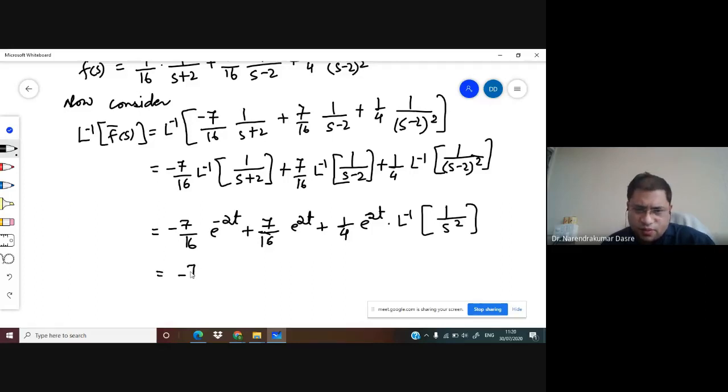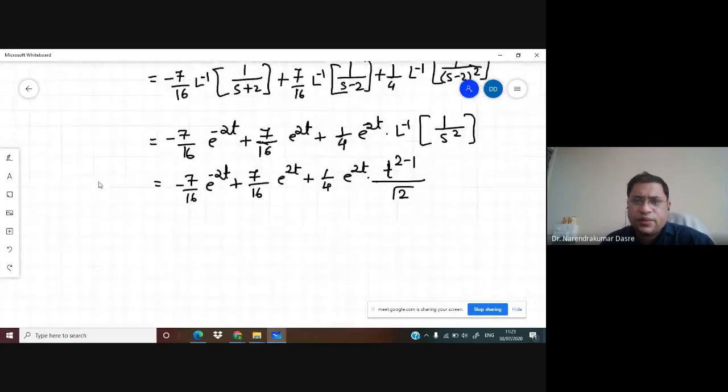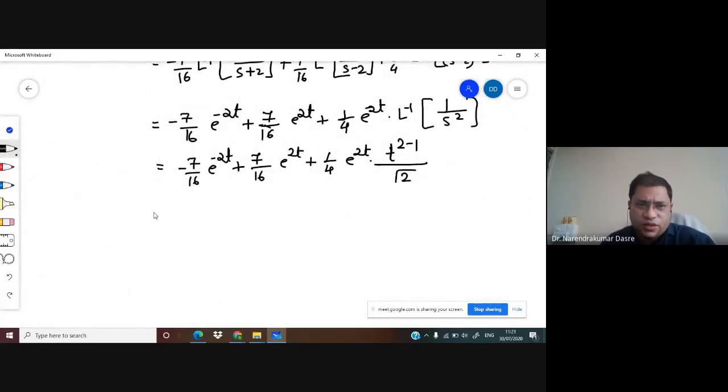This will be t raised to 2 minus 1 upon gamma 2, and we know the value of gamma 2 is going to be 1 factorial.